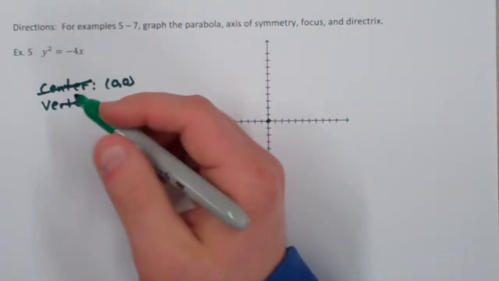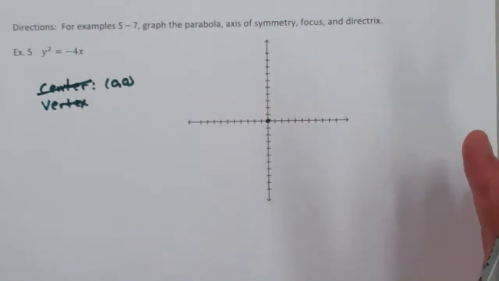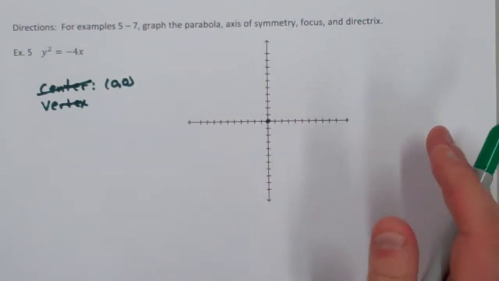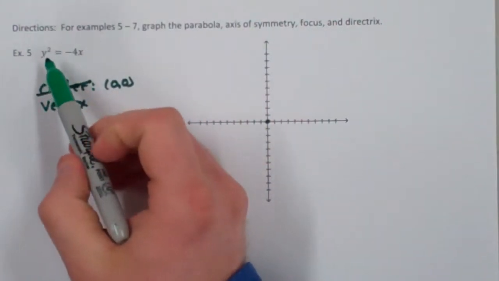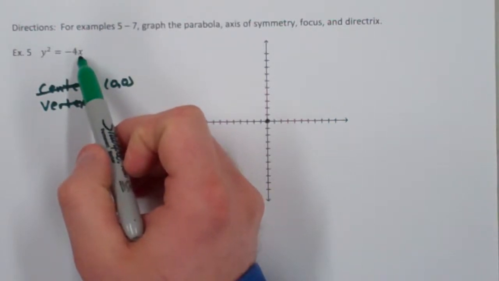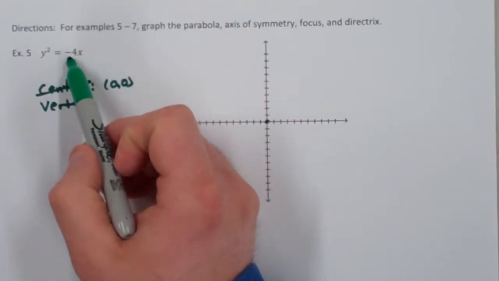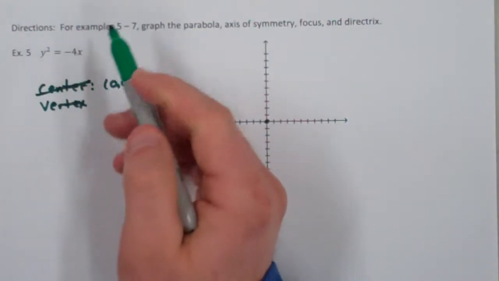The next thing to do is to take a look at the axis of symmetry, and we need to take a look at which direction this thing opens to begin with. If we look here, we've got the y part being squared, and then the x is not being squared. So it's going to open left and right, and in this case it's definitely going to open in the left direction because we have this negative sign here.